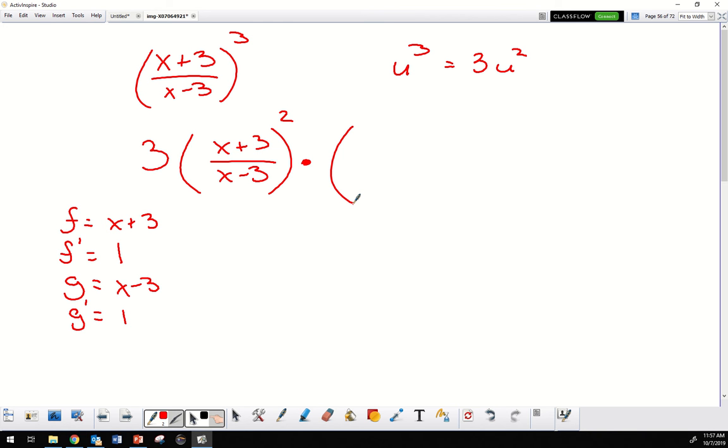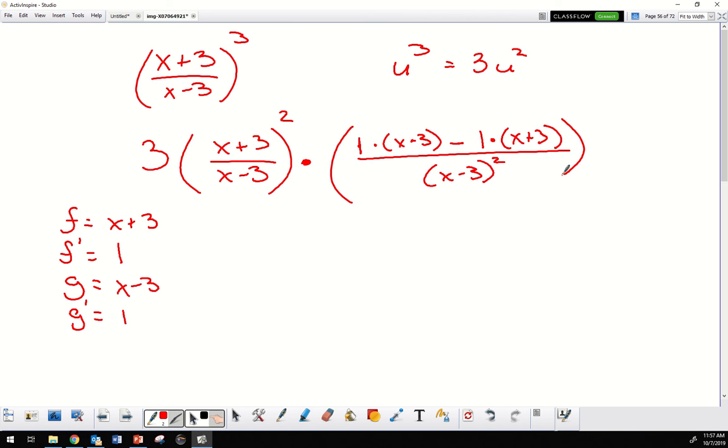So f prime g is 1 times x minus 3. Since it's a quotient, there's going to be a minus sign right here. And then it's g prime f. So g prime is 1, times f, which is x plus 3, all over x minus 3 squared.